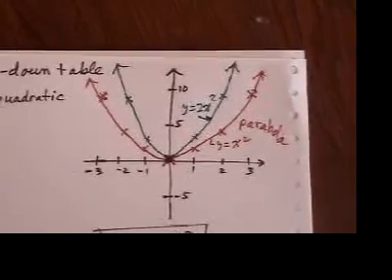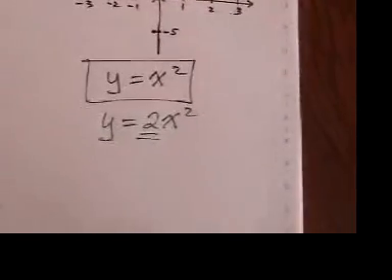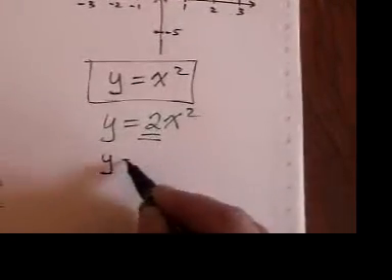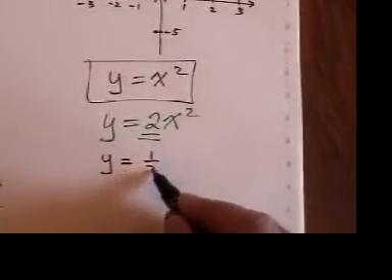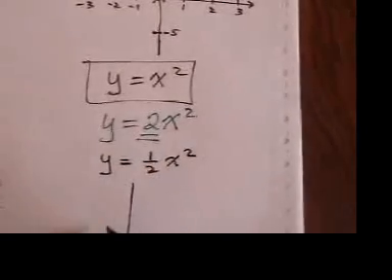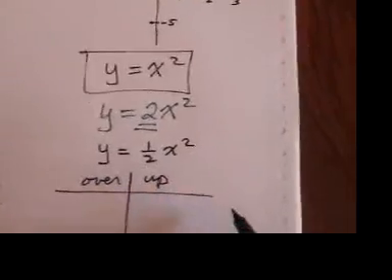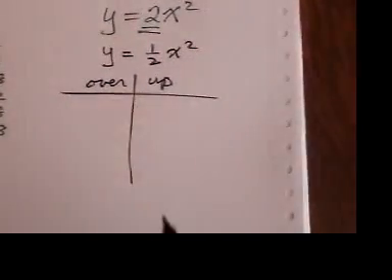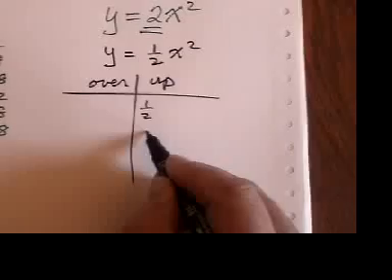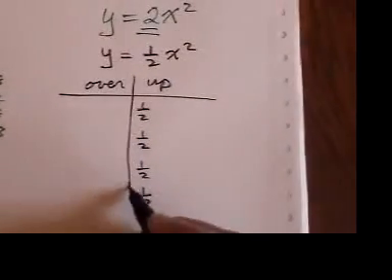Now let's try in blue here. Y equals 1/2 x squared. Well, my over-up table then is going to have a series of 1/2s in front.